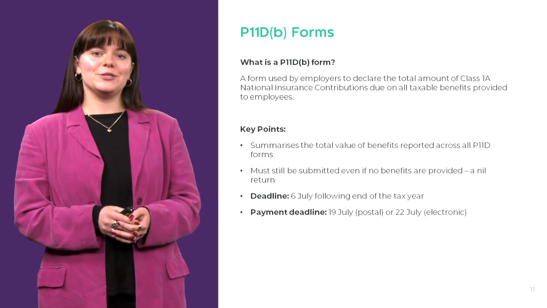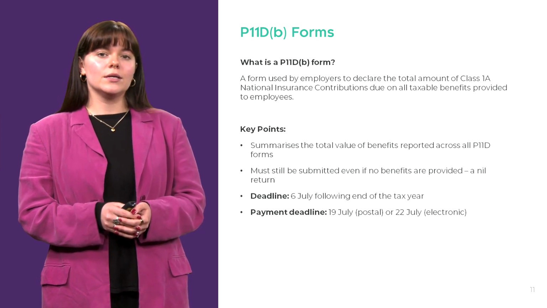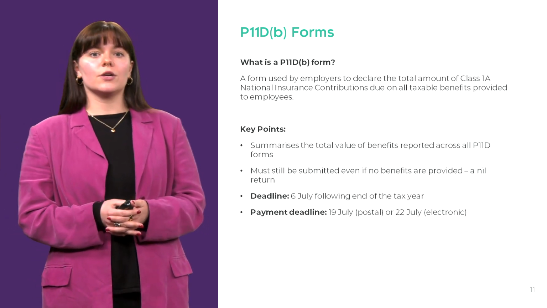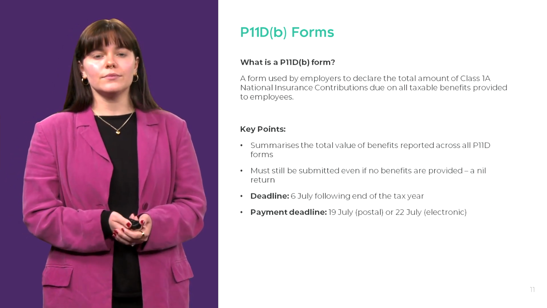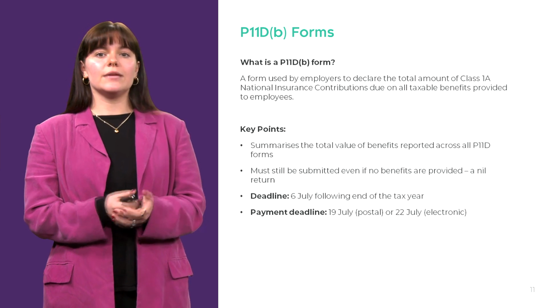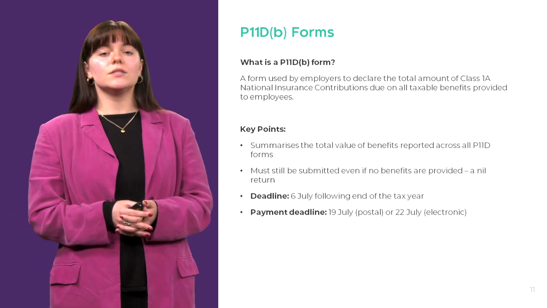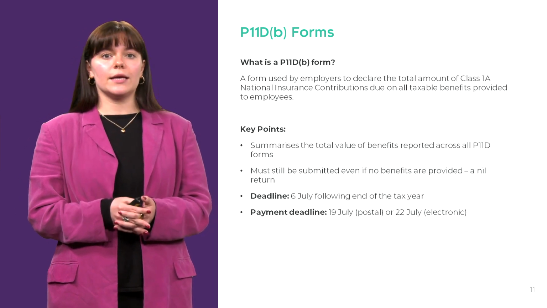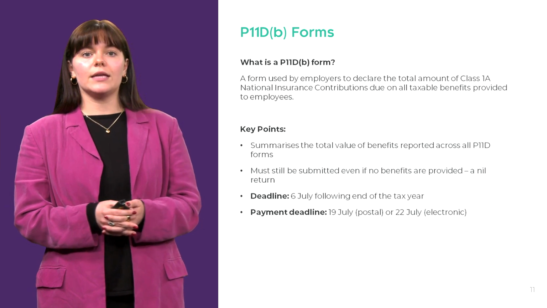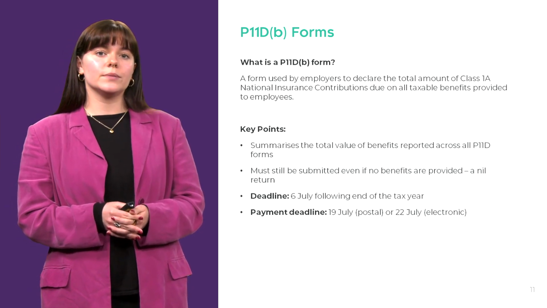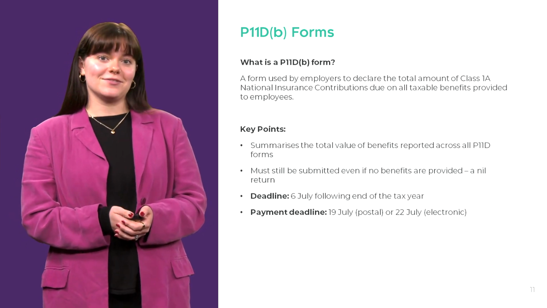This is the form used to summarise the total Class 1A national insurance due on all the benefits reported across every P11D submitted by the employer. It's important to note that even if an employer stops providing benefits and doesn't need to submit individual P11Ds in a future year, they still need to file a nil P11D-B if they submitted one the year before. HMRC will expect a return unless told otherwise.